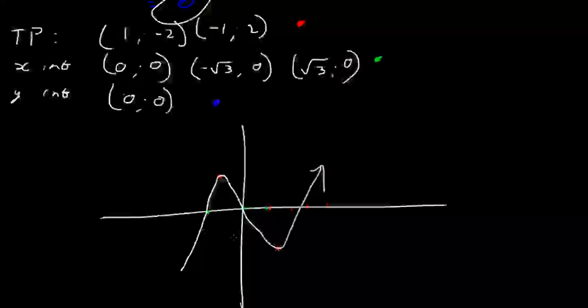And I think I made a mistake with the 1.73 point. Yes, I did. This green point here is wrong. Sorry about that. Root 3 lies over here, because this red dot is at the point 1. So 1.73 is here, which is our other x-intercept.